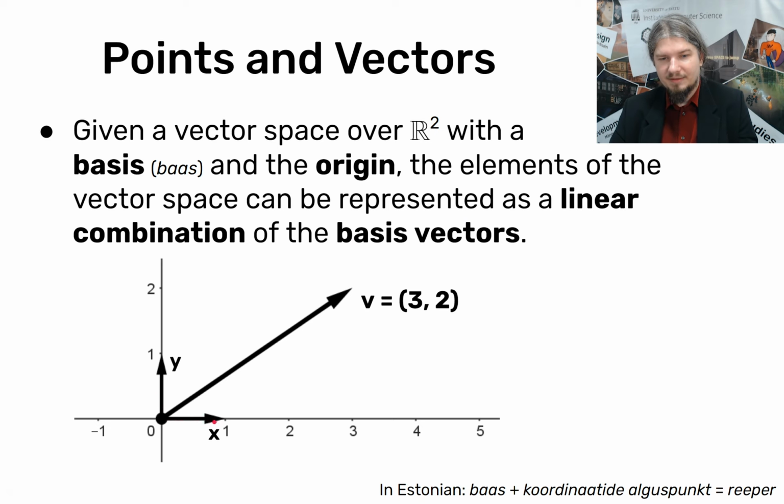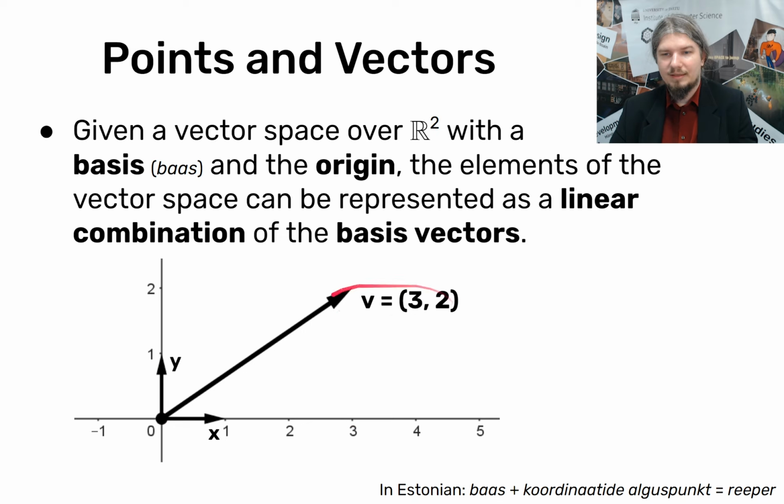So we have a basis, we have an origin, and this vector that we have, this v = (3, 2), and this 3, 2, all that they denote are the coefficients in the linear combination of the basis vectors. If you take 3 times the basis vector x, so 1, 2, and 3, and add to it 2 times the basis vector y, so we're over here and we add y and another y, then we end up at this v coordinate.